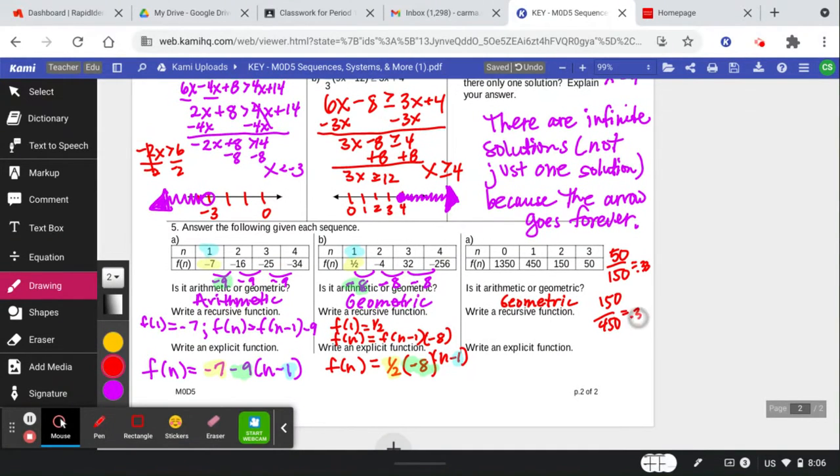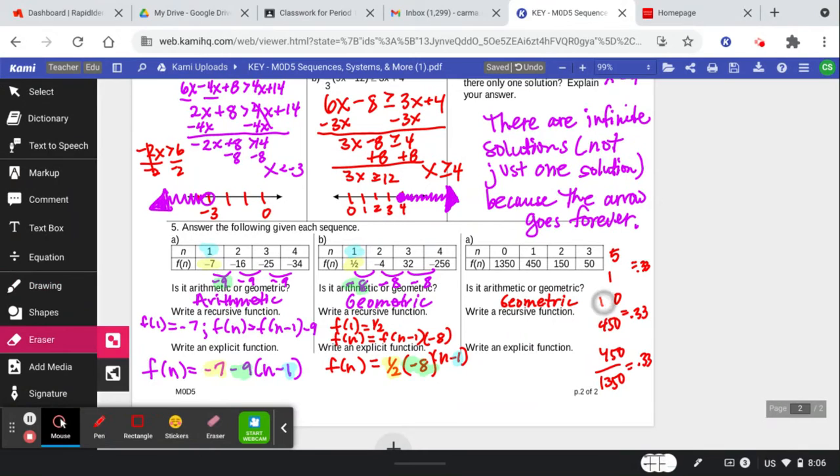Hey, look, it gives us also 0.3333. And then 450 divided by 1350. That also gives us 0.333. Okay, so what fraction is actually equal to that 0.33333? You got it. Our fraction multiplier, our common ratio, is 1/3.